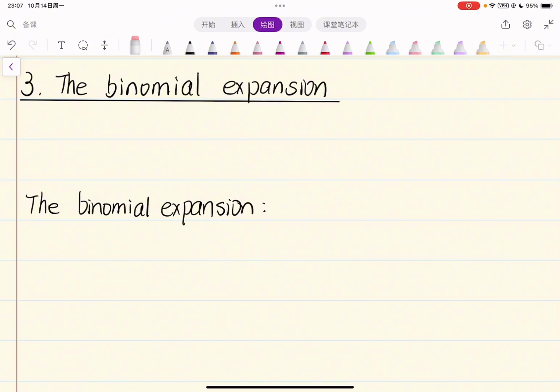Now we have learned that Pascal's triangle and factorial notation are used to find the coefficient of each term, so we can write down the whole binomial expansion.